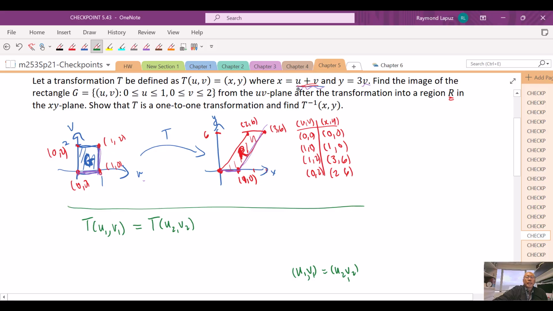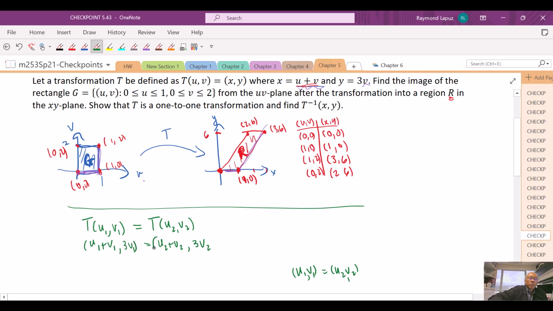This is going to give us an x value of u plus v, comma 3v. So this is going to be u1 plus v1, comma 3v1. And this is going to give us u2 plus v2, comma 3v2.